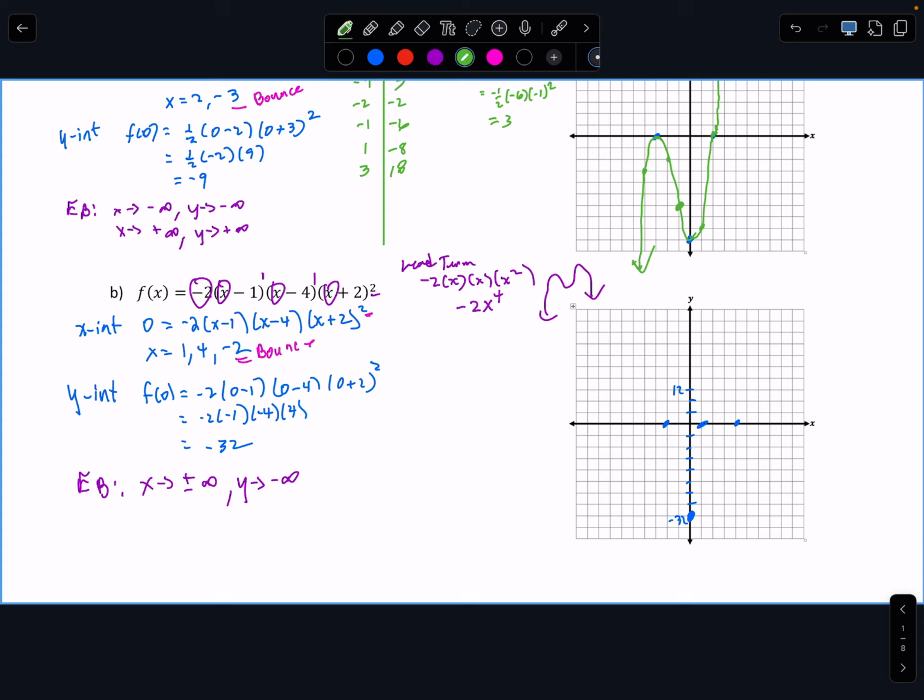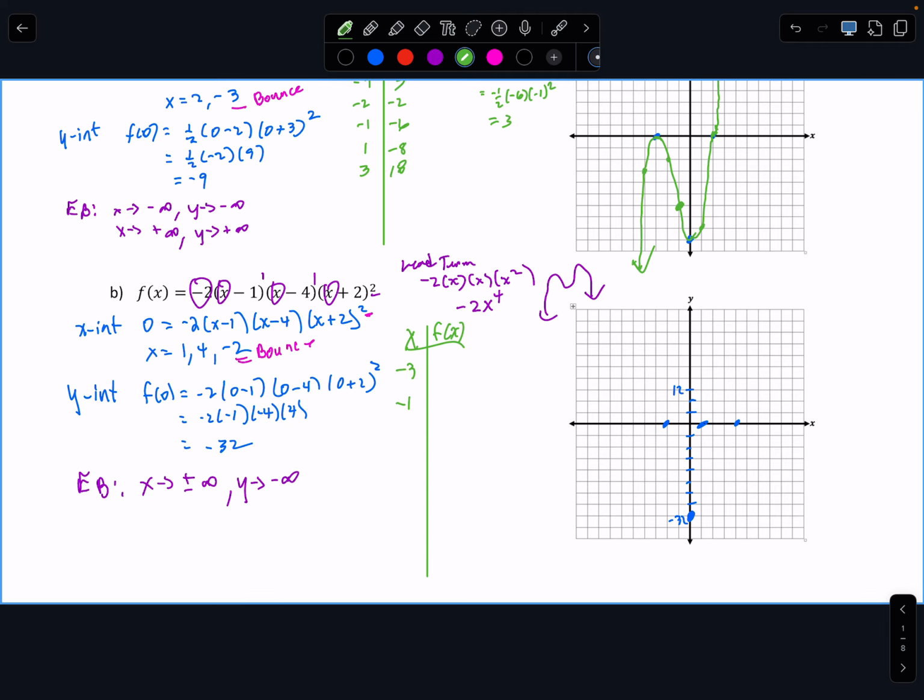The next step is to evaluate for x values between the x-intercepts and a couple or so beyond. And so I have at negative 3 would be an x value beyond the last x-intercept to the left. So I would use negative 3. We already know it's 0 at negative 2.